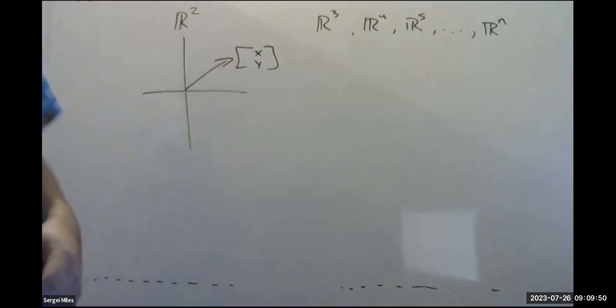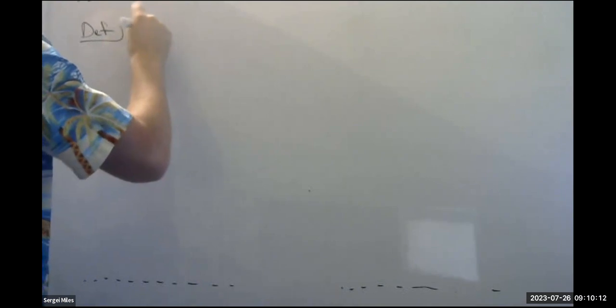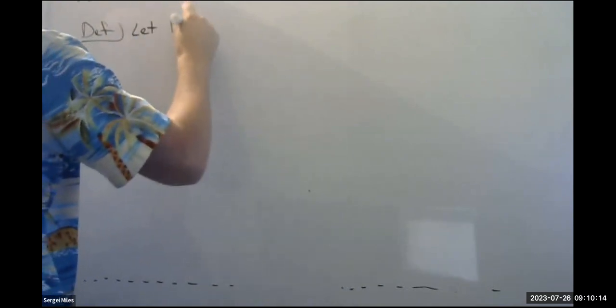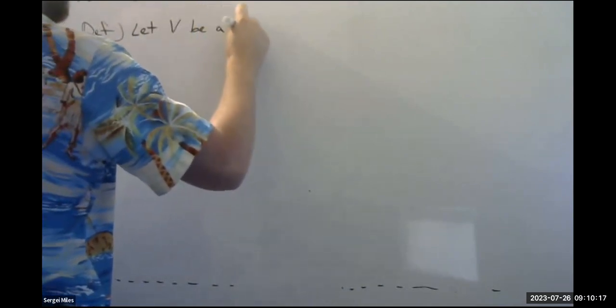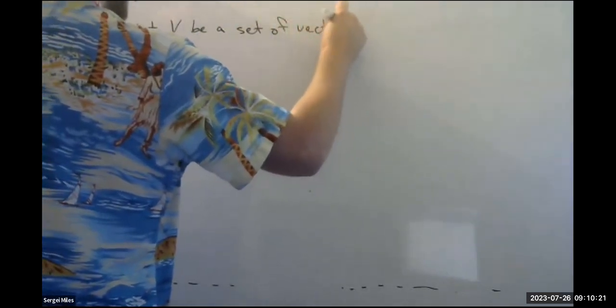All right. So we have these examples of vector spaces, but what actually makes a vector space a vector space? What's special about R2 that makes it a vector space? So that's what we want to talk about next. So, definition. Let V, capital V, be a set of vectors.